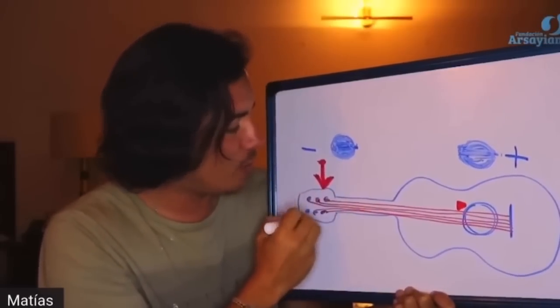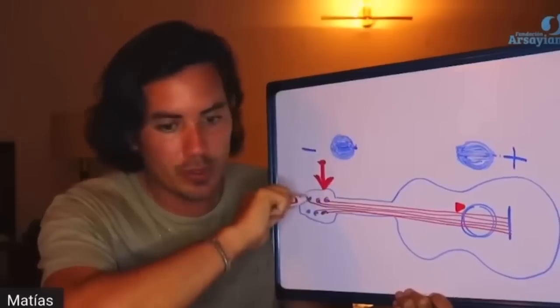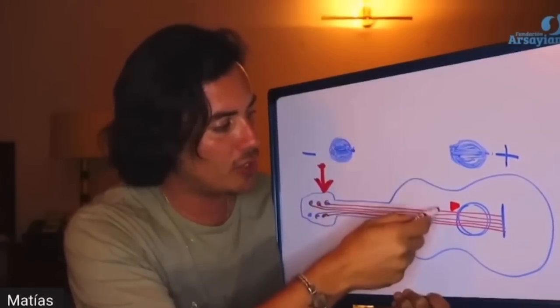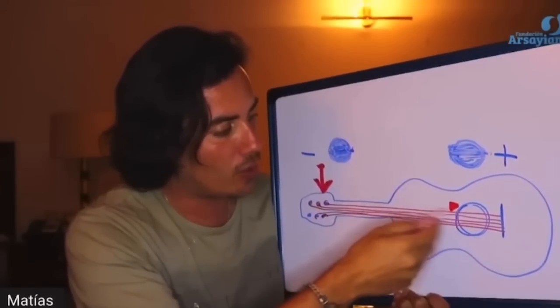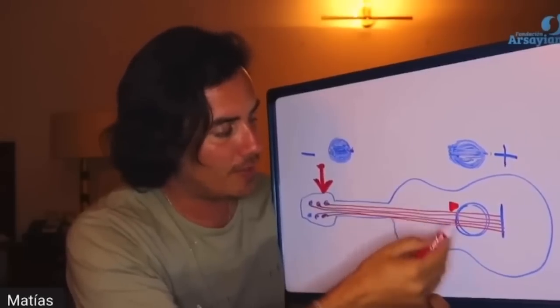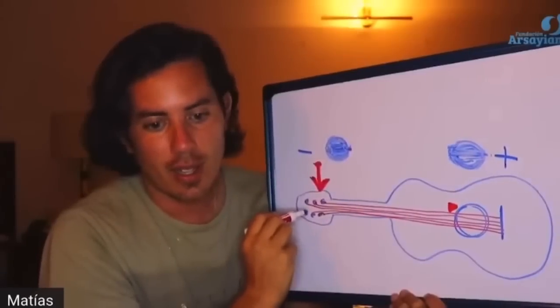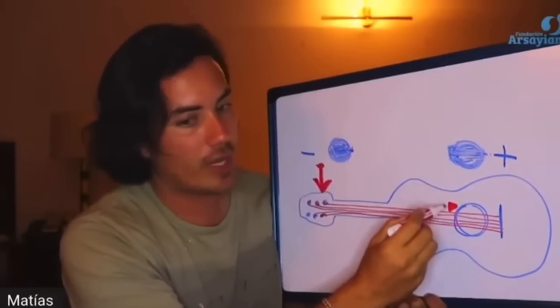In this part here, we create the tension because we put tension on the strings. And this spot here is where you touch the chord, the string, to make the vibration. We have that in the negative, we create the tension, and in the positive, we create the vibration.